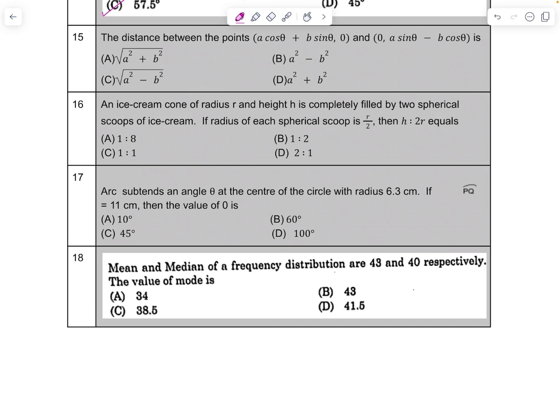To get the distance, let's apply the distance formula, which is square root of (x2 minus x1) the whole square plus (y2 minus y1) the whole square.